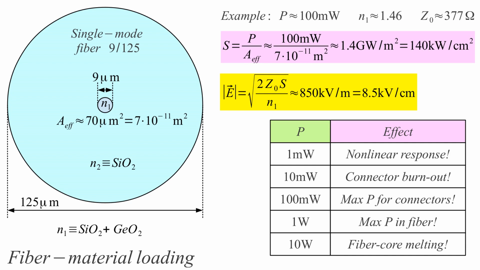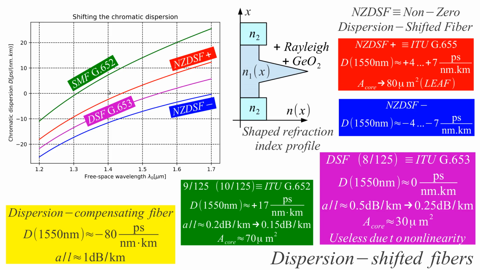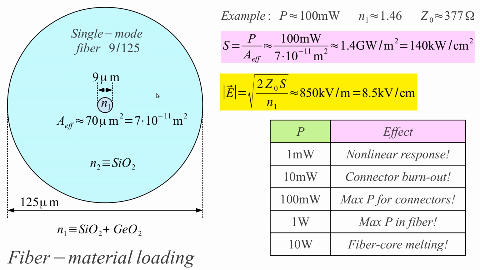Now, the last problem to deal with today is the non-linear effects in optical fiber. What happens in an optical fiber? The cross-section of an optical fiber is very small. It is 125 micrometers of cladding, and the core of a single mode fiber, whatever special version of this fiber, all have the same size core.